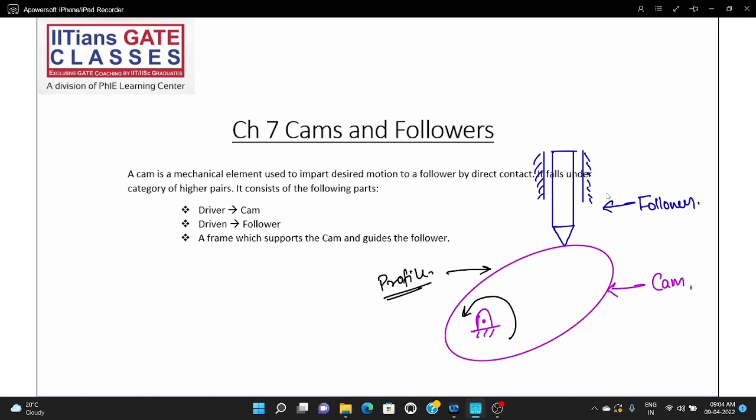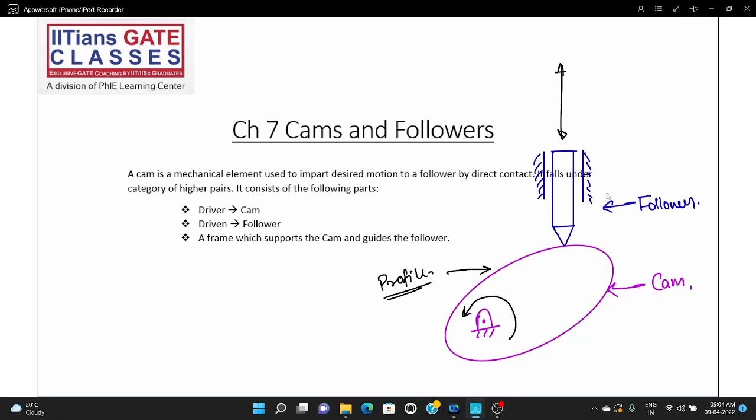This profile will be traced by the follower. So what will the follower do? The follower will move up and down based on the profile. So desired motion is imparted to the follower by the cam through direct contact.